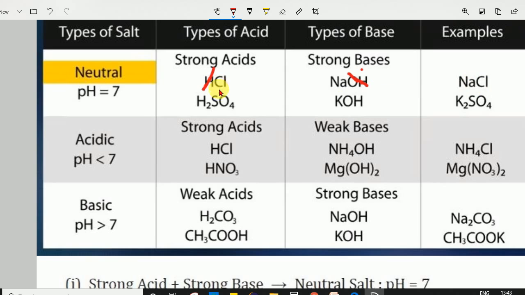Similarly, if a strong acid H2SO4 reacts with the strong base potassium hydroxide, then the number of H ions is equal to the number of OH ions, and thus they nullify the effect of each other. Thus the salt formed is potassium sulfate. So we will write K2SO4.